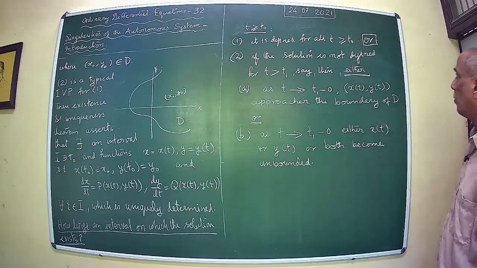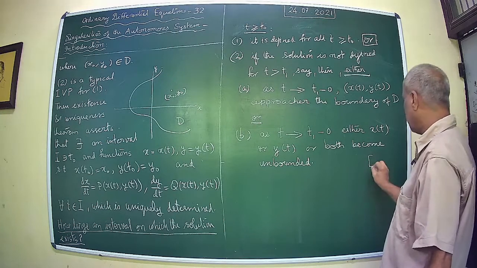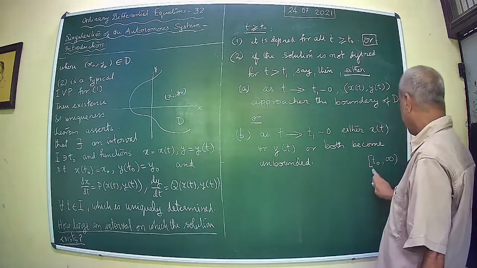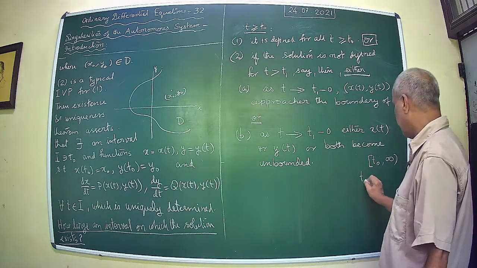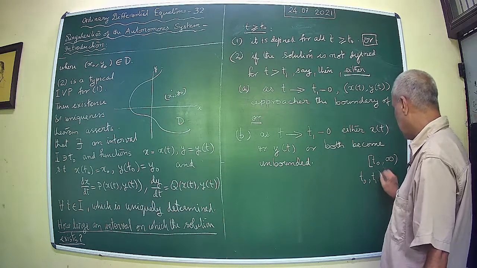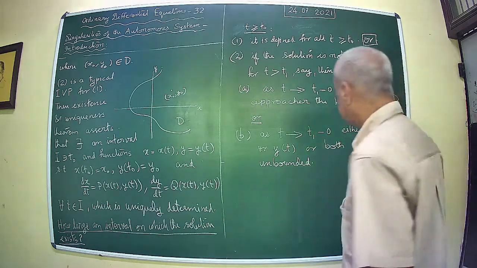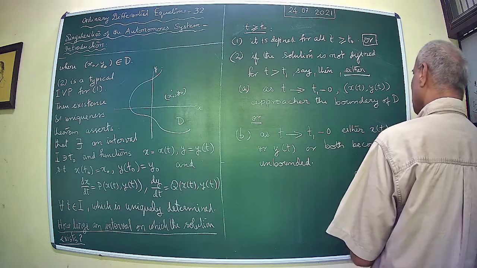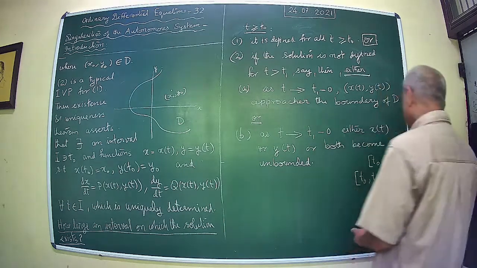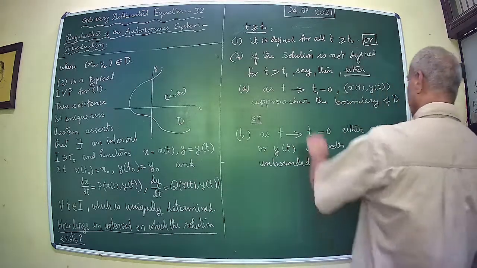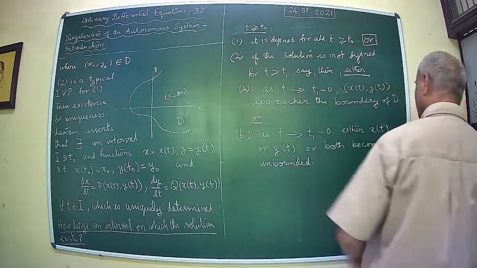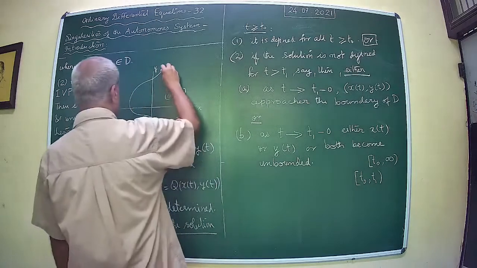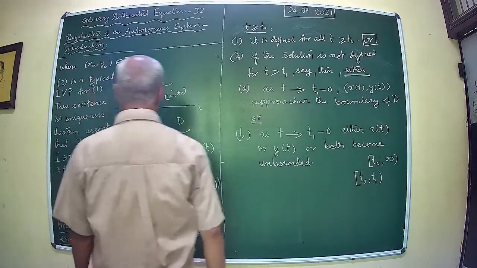Either it is defined for all t greater than or equal to t naught, that means on this interval t naught to infinity it is defined, or it may not be defined there, then it is defined for (t naught, t1) with the property that as t tends to t1 from the left, that is t tends to t1 minus 0, x(t) and y(t) may approach the boundary, because as I said there is a boundary, so the solution may have the property that it just gets closer to the boundary.